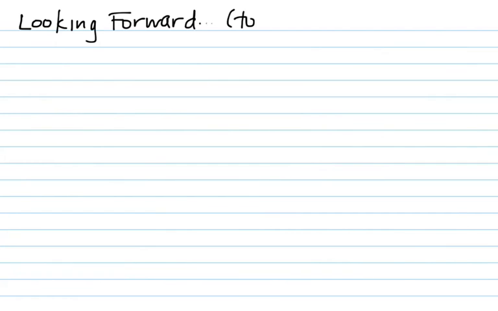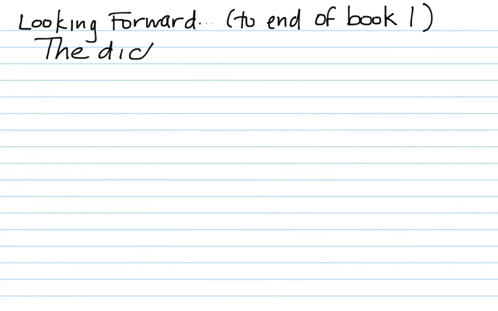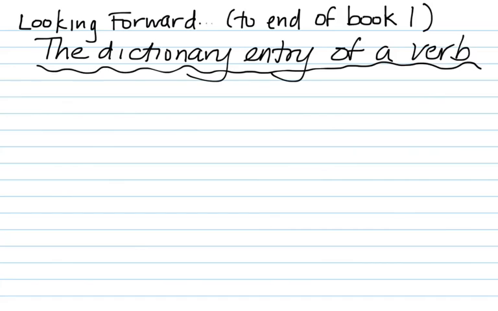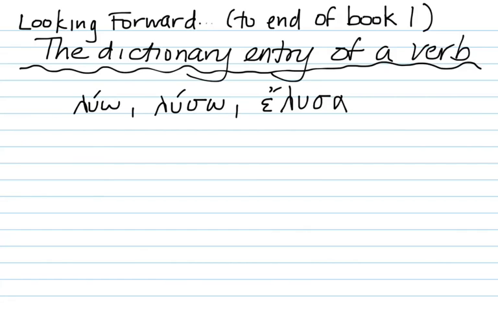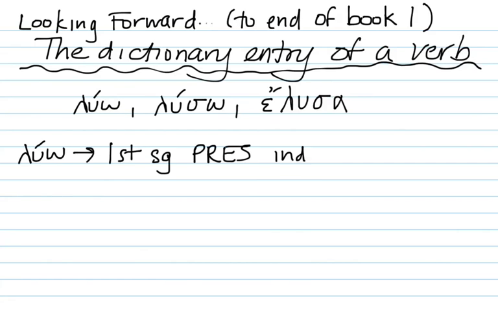Now, right now we only know the present tense, but to form other tenses of the verb, you'll need some other principal parts. So, just FYI, in the future, you'll see that dictionary entries of verbs contain more than just the present active indicative. So, luo is the first singular present active indicative.